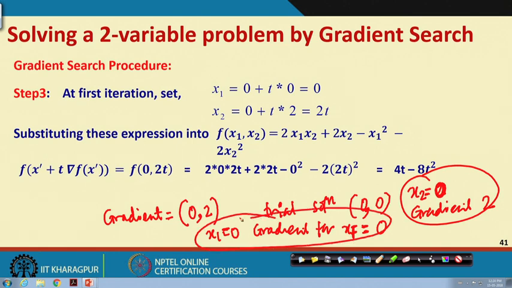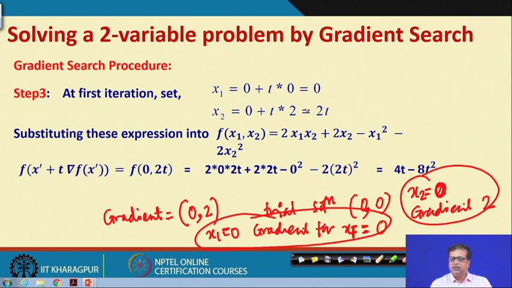Now, if we move in the direction of the gradient for t distance, what will be the new values of x1 and x2 in terms of t? It should be 0 plus t times 0, that is 0 for x1, and x2 will be 0 plus t times 2, equal to 2t. So, 0 and 2t are the new values for x1 and x2.